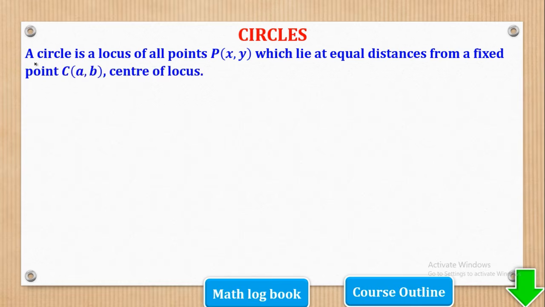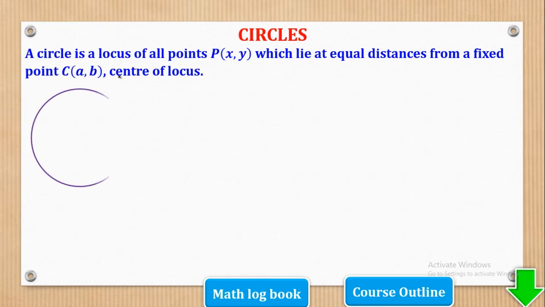You recall that a circle is a locus. The good thing is we already covered the topic of loci previously, so I believe this word locus is not new to you. A circle is a locus of all points P(x, y) which lie at equal distances from a fixed point C with coordinates (a, b), and that point C will be called the center of the locus.